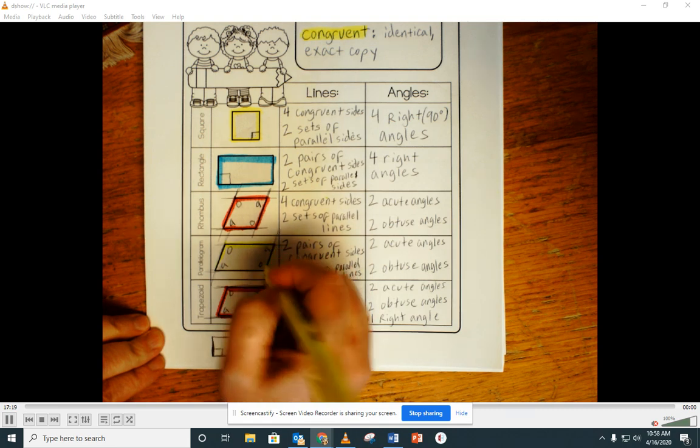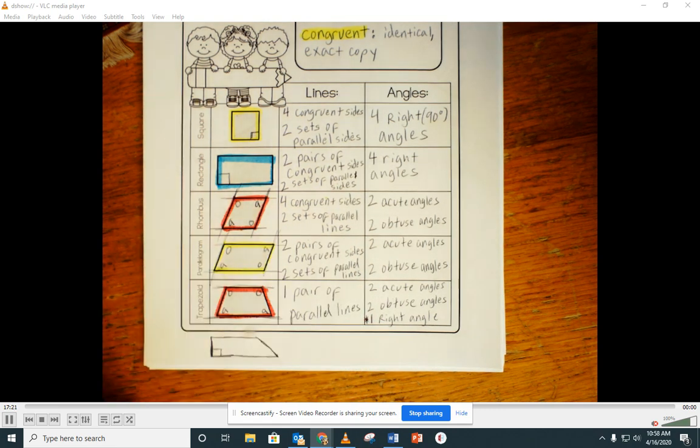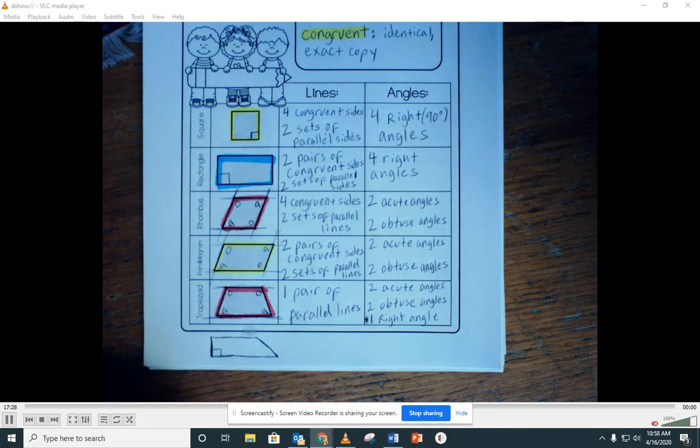Okay, using your highlighter or your colors to accent what is important for each one of these is always a good idea. So that is the end of lesson 4.